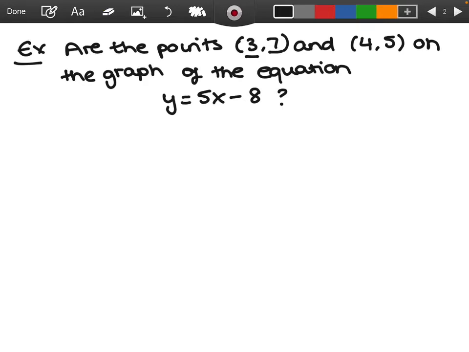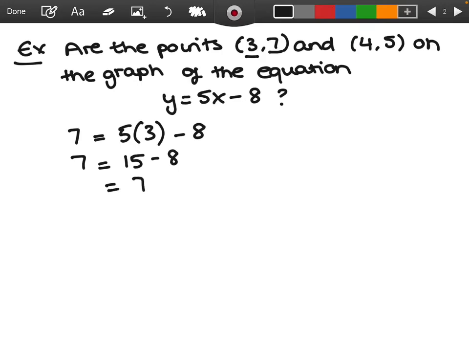If I plug in x is equal to 3 and y is equal to 7, my equation would look like this. So my left-hand side is 7, and my right-hand side, when I multiply this out, I would have 5 times 3 is 15, minus 8, which we find is also equal to 7.